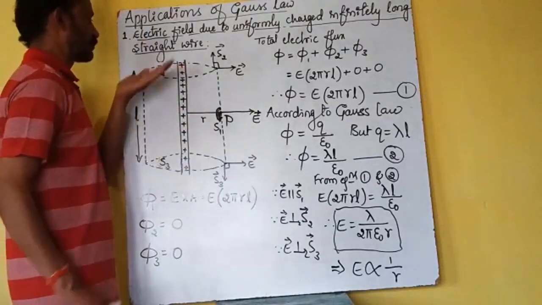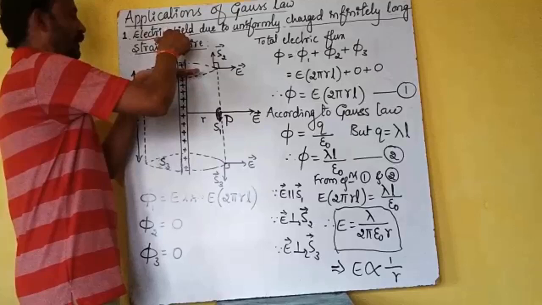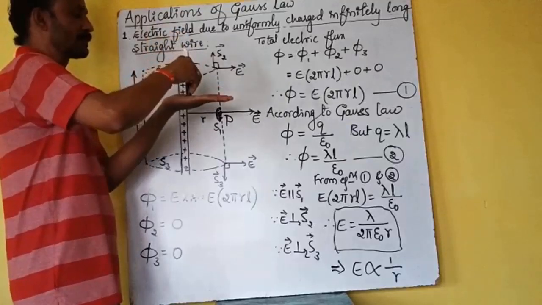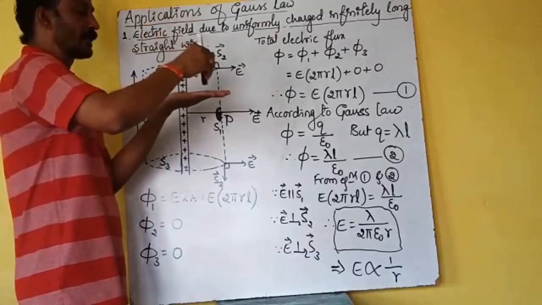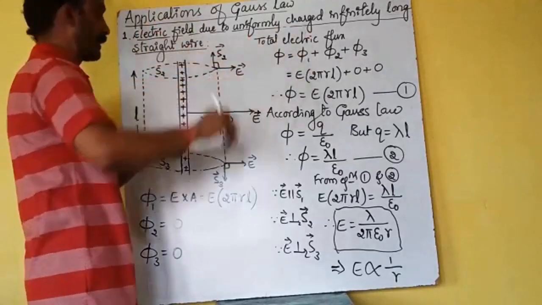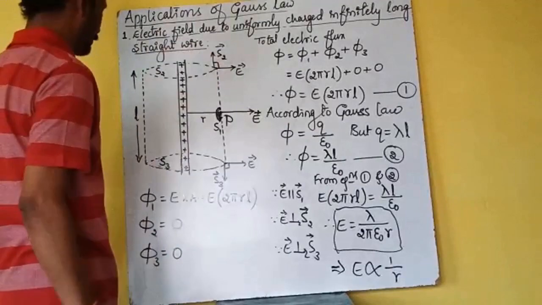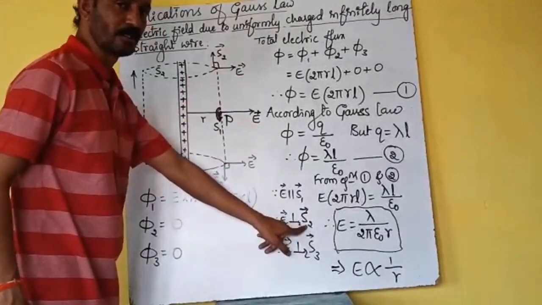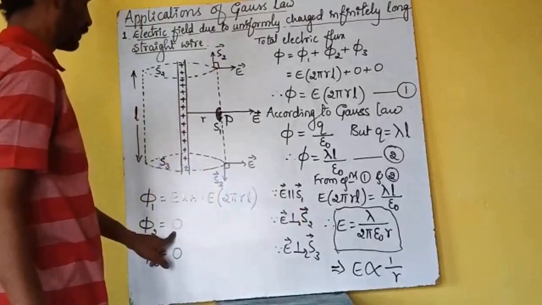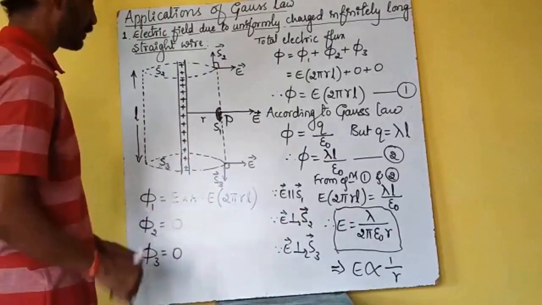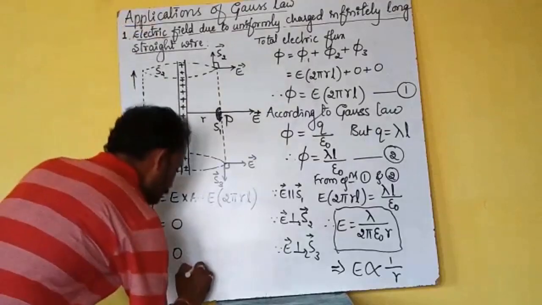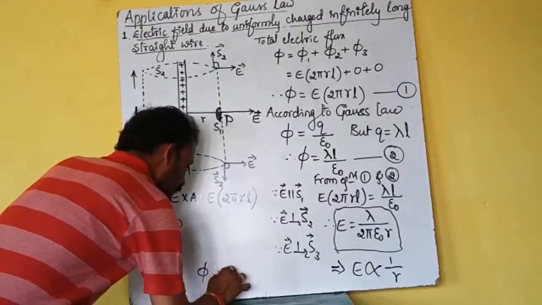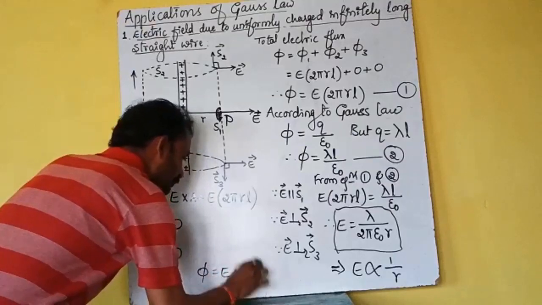Similarly, the electric flux through the plane surface. Here the wire is in this direction; for the plane surface, the area vector is in this direction, but the electric field is along this direction. Both are perpendicular to each other. So the electric field is perpendicular to the area vector S2. Therefore, the electric flux is 0, because electric flux is given by phi equals E into A cos theta.